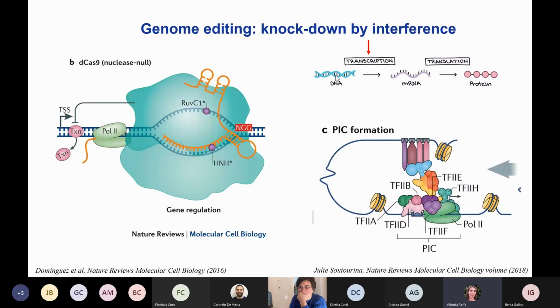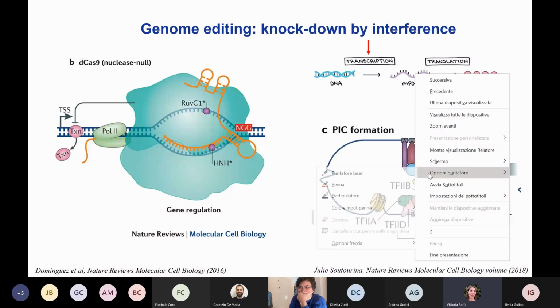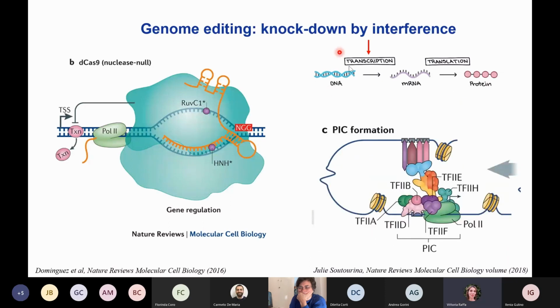The DNA is transcribed into the messenger RNA, which is translated into the protein. As I told you before, if we kill the gene, we perform the knockout. But if we kill the mRNA, we perform the knockdown, which is safer because this is not a permanent modification. We don't touch the DNA, but just the product of the expression of that DNA. And so this is not permanent, so it's safer.